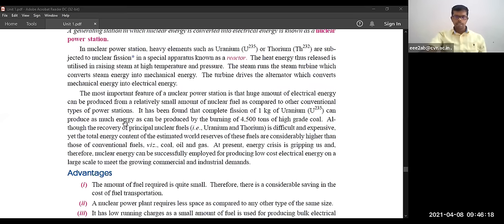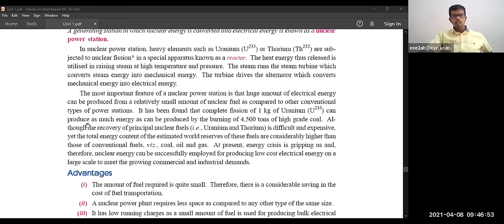Instead of a coal handling plant and storing the coal, here only a very small amount of fuel can produce a huge amount of electrical energy. It has been found that complete fission of 1 kilogram of uranium-235 can produce as much energy as burning 4,500 tons of high-grade coal.